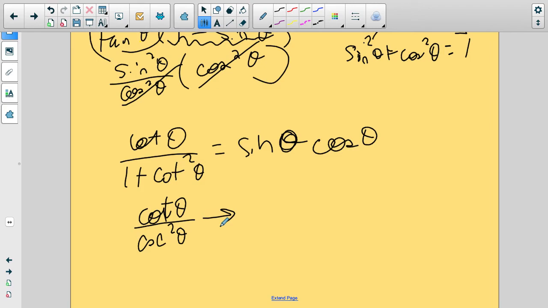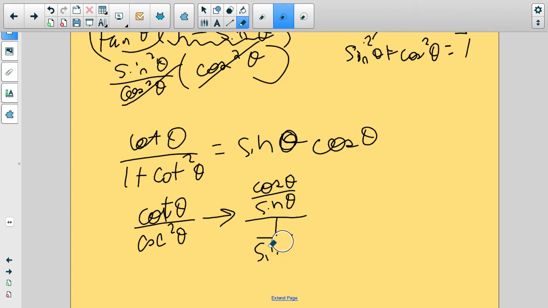We want cosine over sine, because that takes us closer to the word we want. Cotangent is cosine over sine, and cosecant is 1 over sine. If it's squared, it's 1 over sine squared.